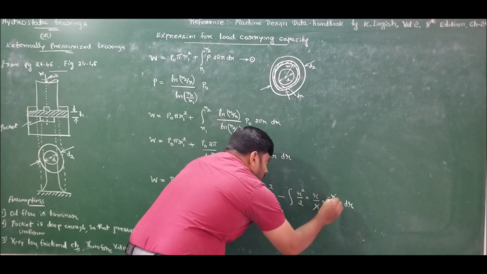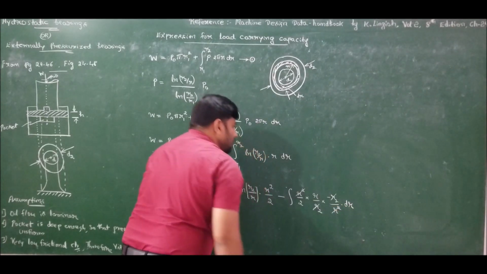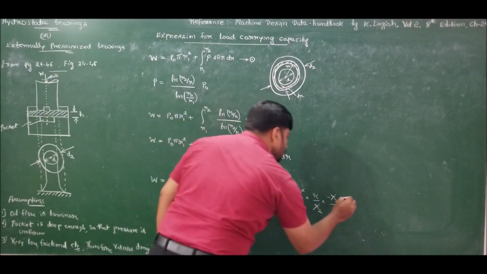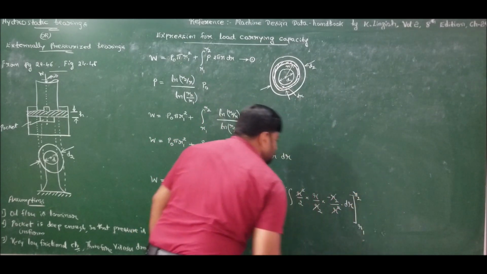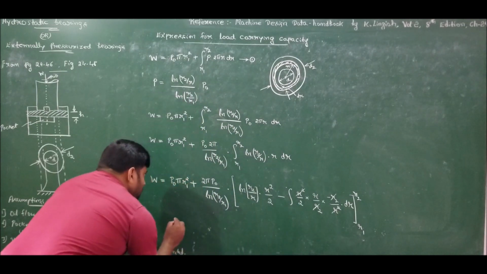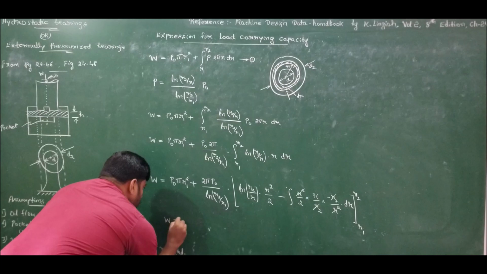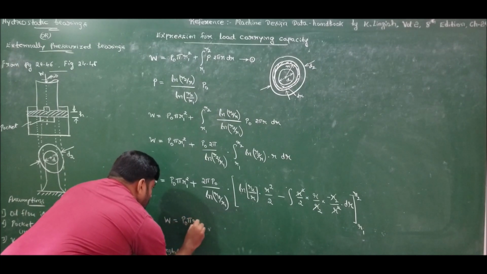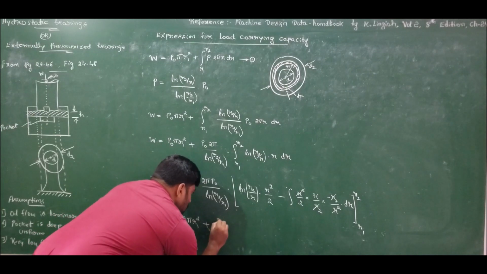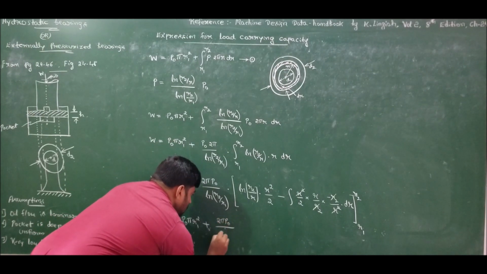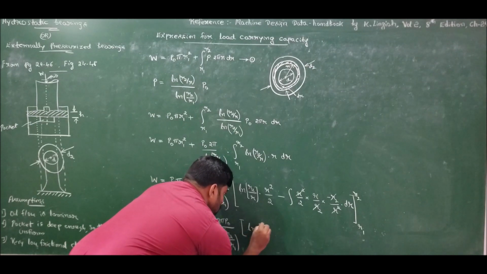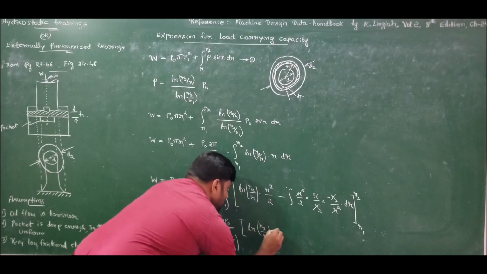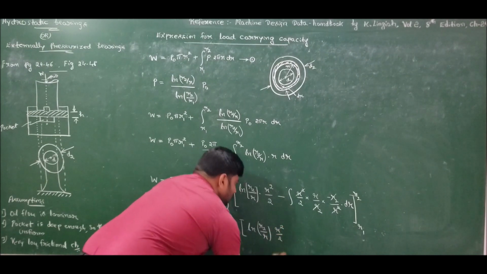So now if I simplify, I am left with this r2 and r2 will get cancelled. This r square and r square will also get cancelled. So I finally am left with, so I should give the limit from r1 to r2, correct? So the final answer what I will get will be p naught pi r1 square plus 2 pi p naught divided by ln of r2 by r1 times ln of r2 by r into r2 by 2.